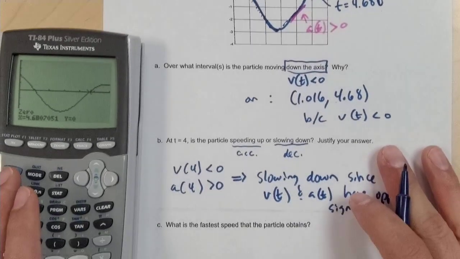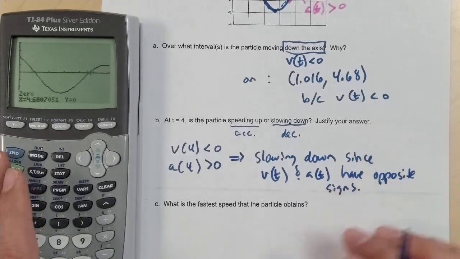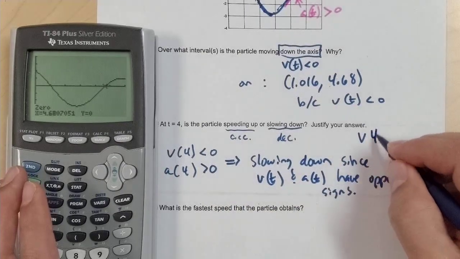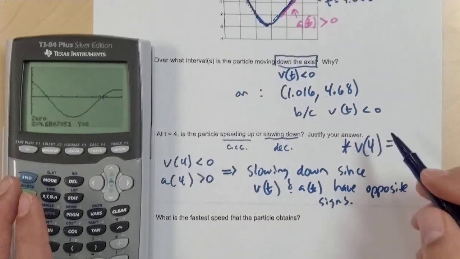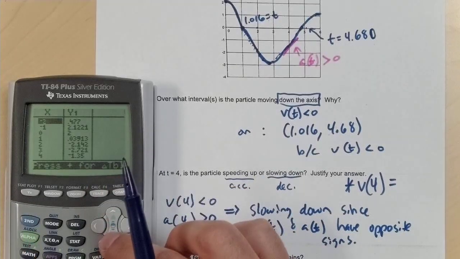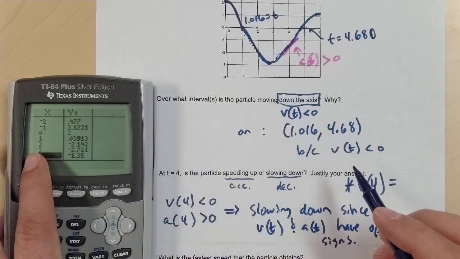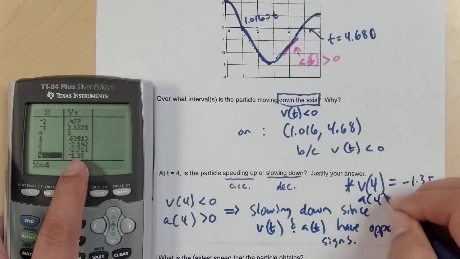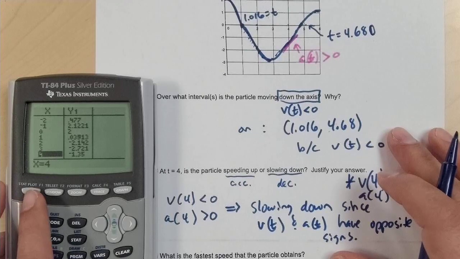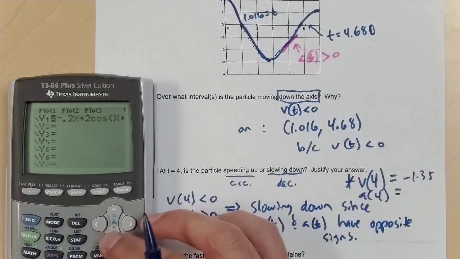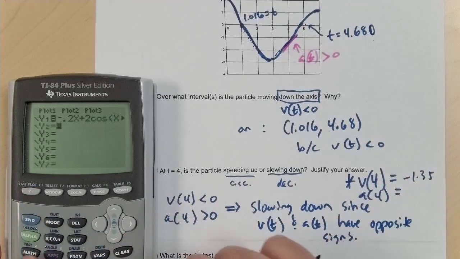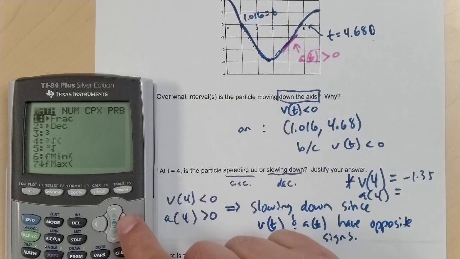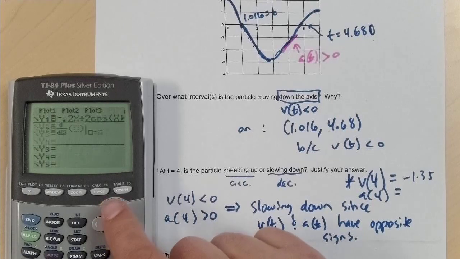I should also mention, you could also plug in the values. If you go back to a table and look at 4, the velocity is going to be negative 1.35. The acceleration, I'm not going to do that now because I don't want to make this video too long. Actually, I might as well talk about it real quick. Go to math, and then do the derivative feature.